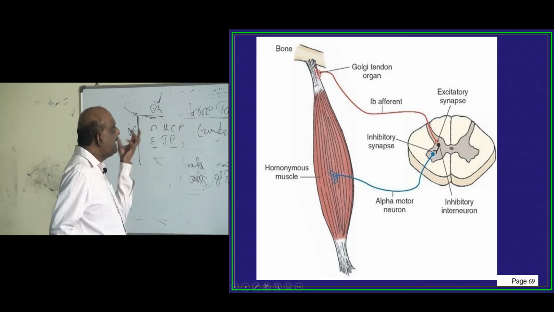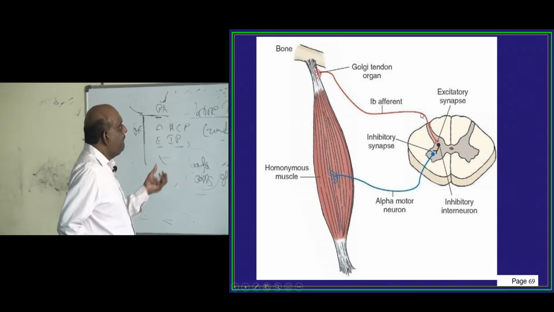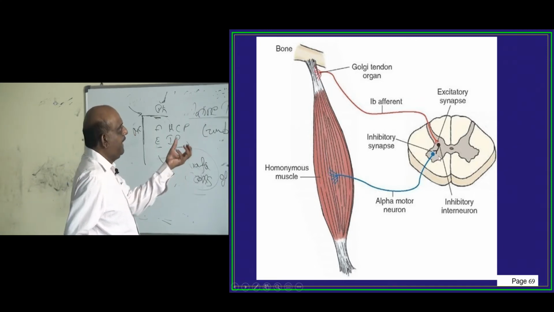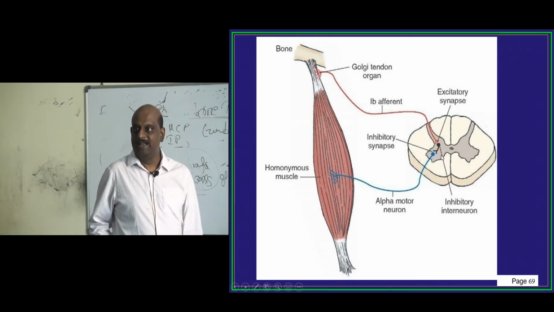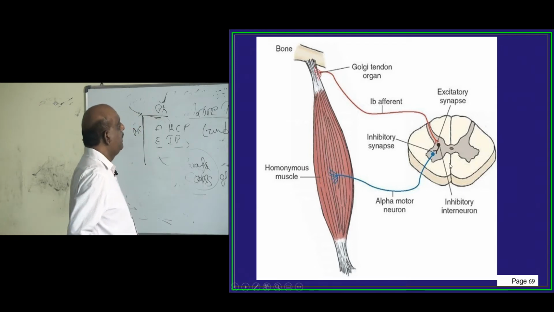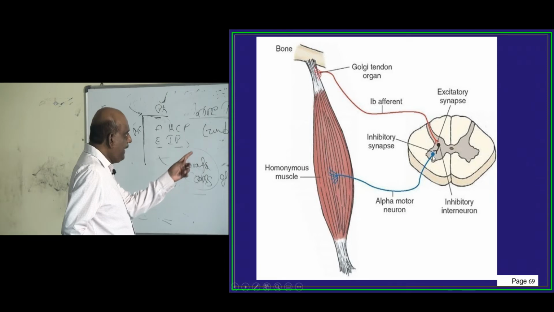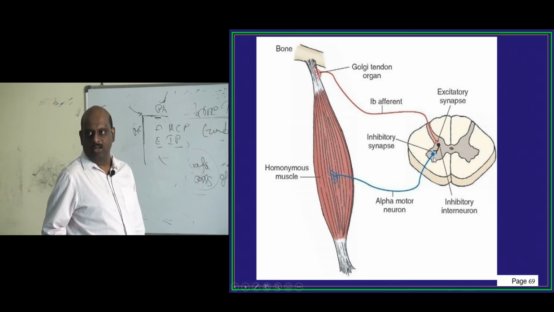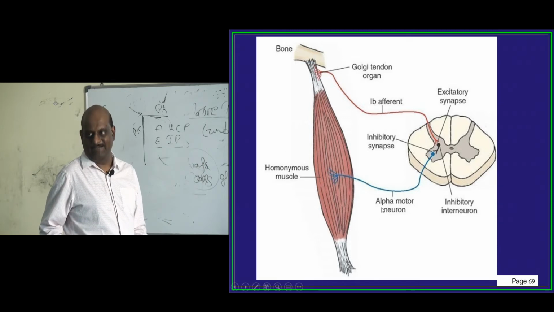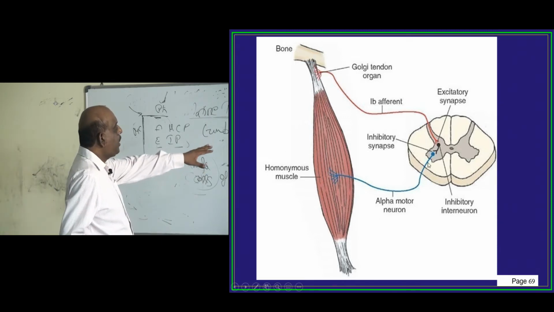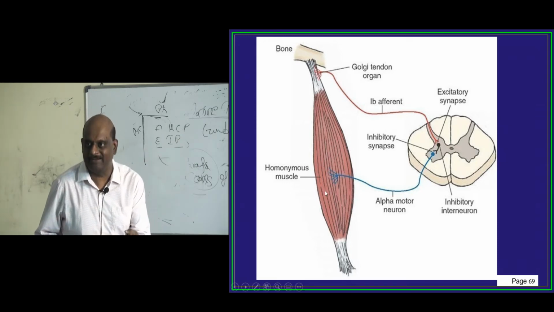Every time muscle tension is building, the 1B afferent comes and tells the spinal cord, hey, this much tension is being generated. And in turn, there is an inhibitory interneuron which connects with the alpha motor neuron. Alpha motor neuron is the efferent.